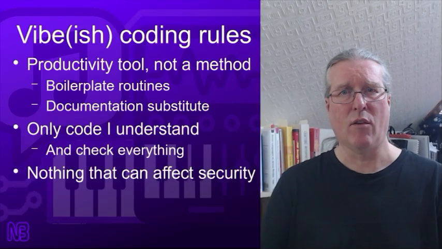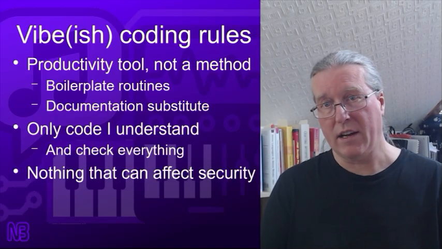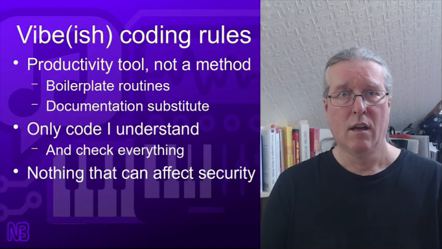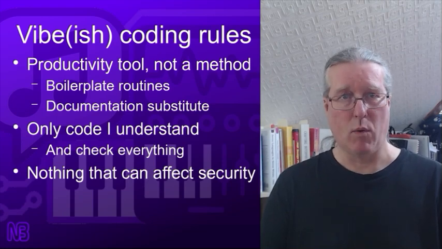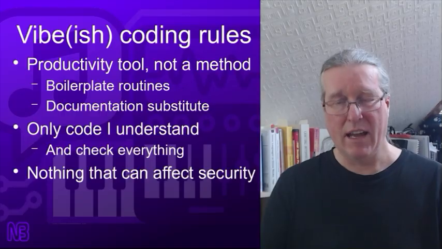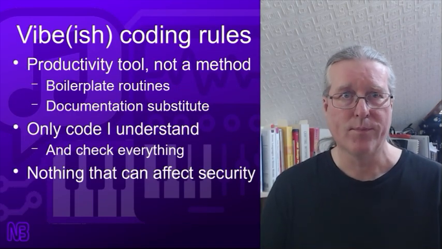My intention is only to let AI write code that I understand and to check absolutely everything. One further rule of AI-assisted coding that everyone should stick to is don't ever let AI write anything that has a security implication.